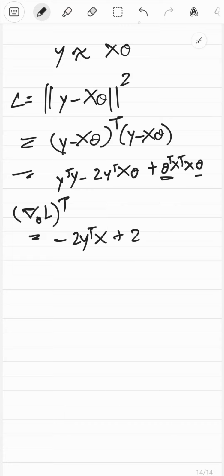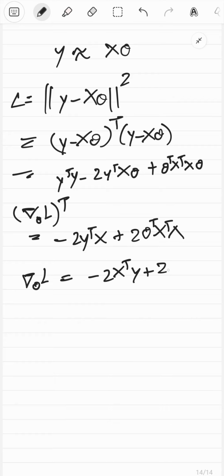Because there are 2 theta terms in the last one, you do the product rule, giving minus 2 y transpose x plus 2 theta transpose x transpose x. Taking the transpose, nabla theta L is equal to minus 2 x transpose y plus 2 x transpose x theta. And this thing we can set to 0.